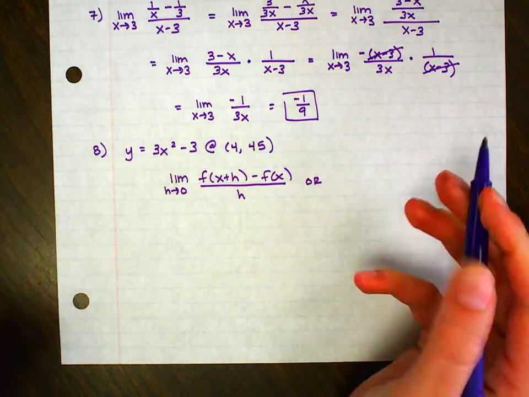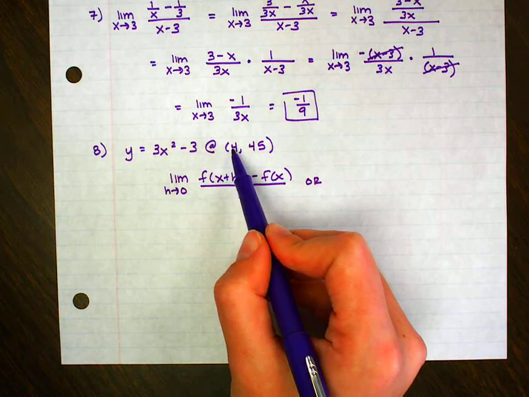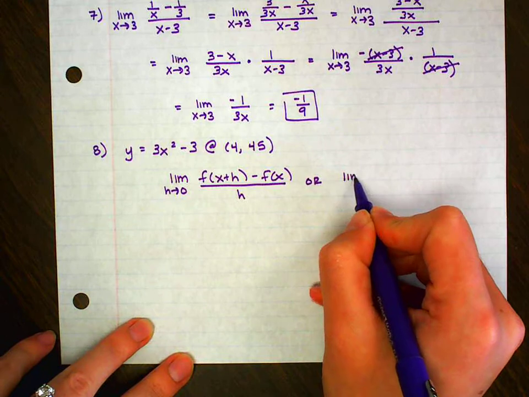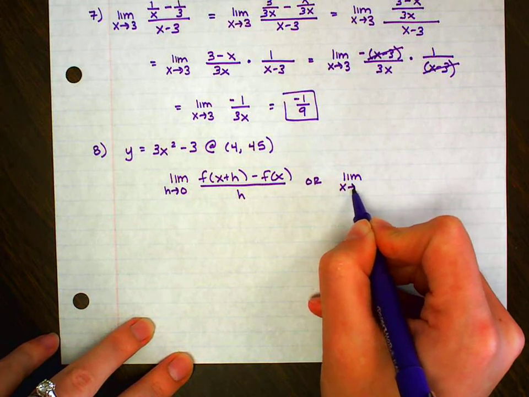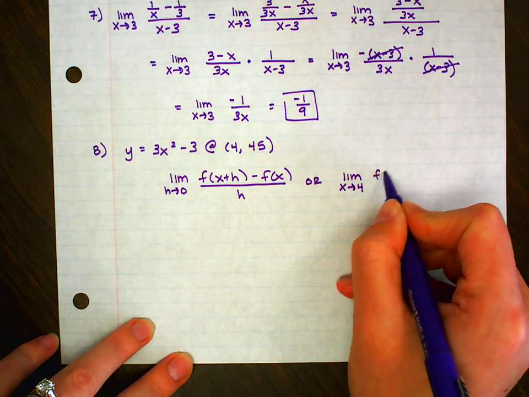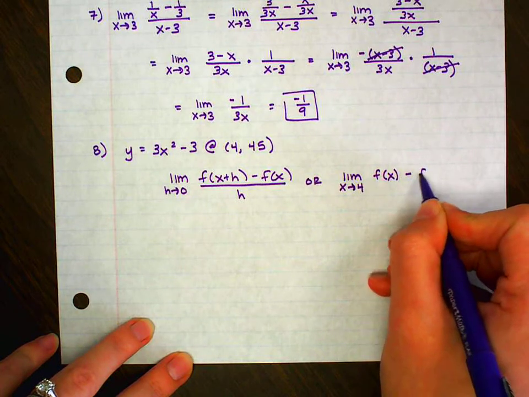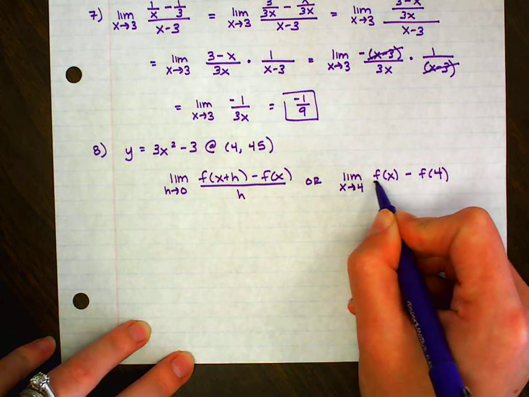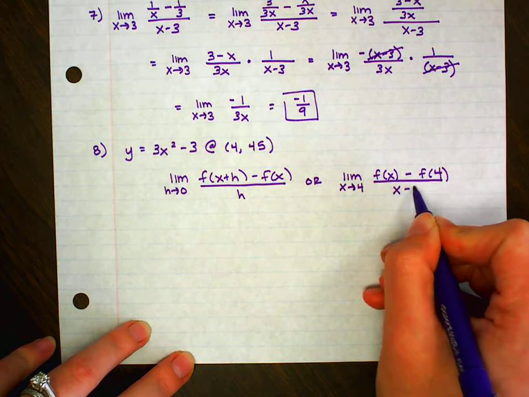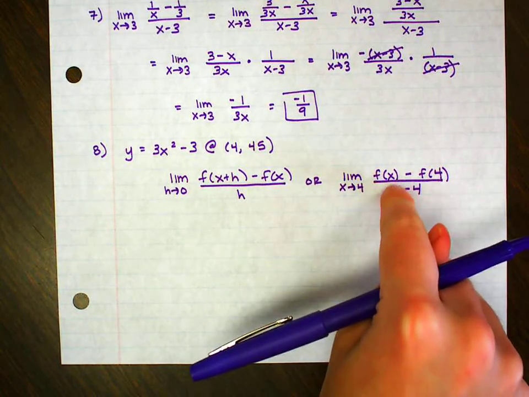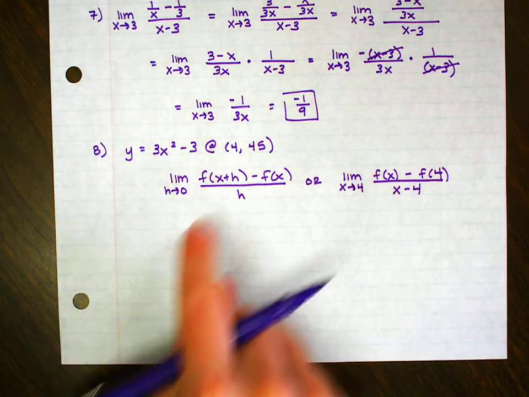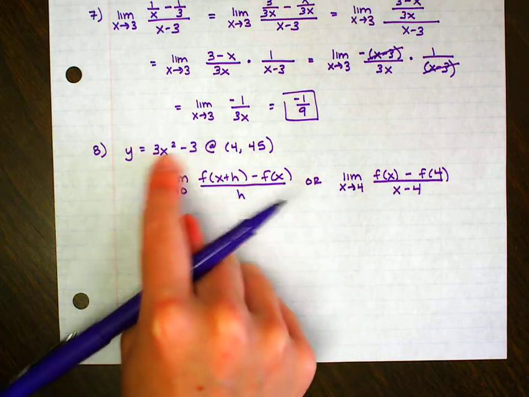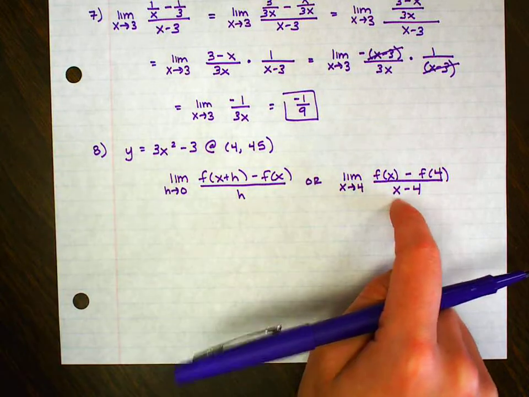Or, because I want the limit at x equals 4, I can also do this. Normally instead of 4 it says a, but we know we want it at 4, so we can do it like this. I'm going to choose to do it this way because I find when I actually know what point I'm at and I don't need the overall rule for the derivative, this is my better option.